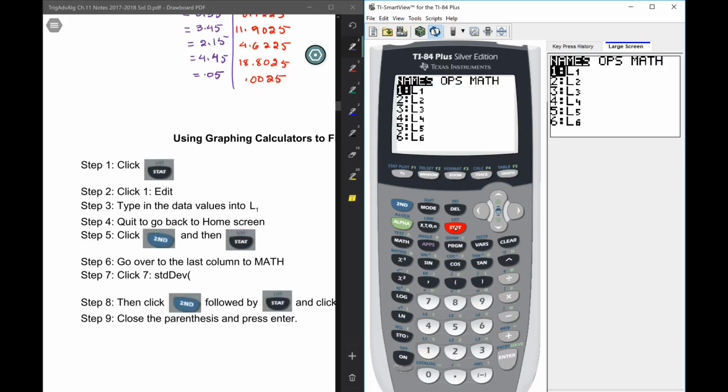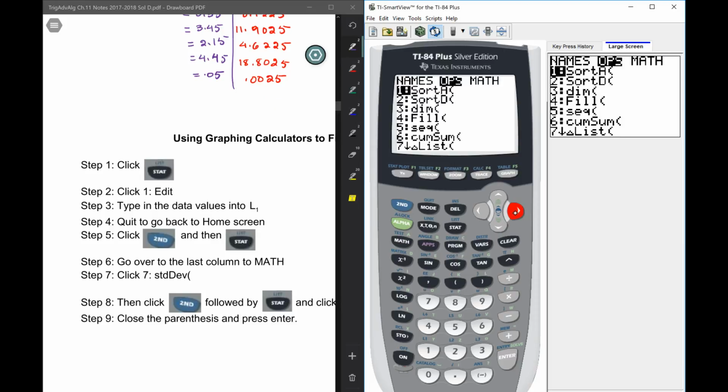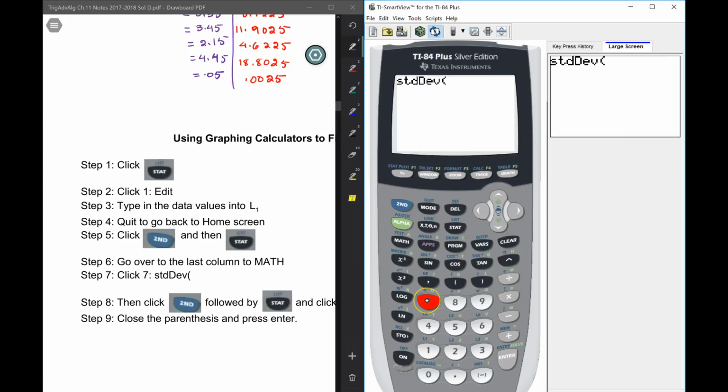Okay? It's just like the matrix. And then we're going to go to the right to the math tab. And we want standard deviation. That's number 7. You see that? So hit 7. Now, what do you want the standard deviation of?